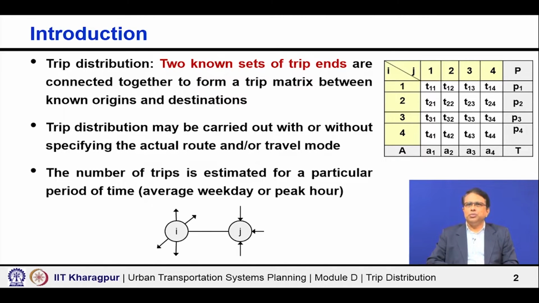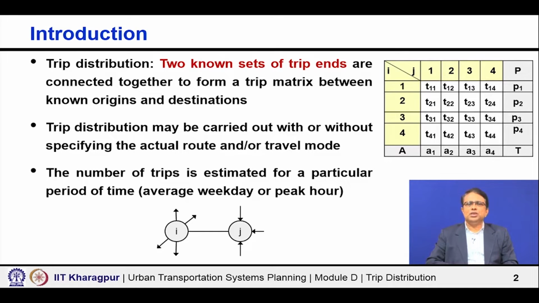What we know from the trip generation stage is the productions and attractions. That means we know the values of P1, P2, P3, P4 and also A1, A2, A3, A4, but these internal cells T11, T12, T13, T14, similarly T21, T22, T23, T24, all these cells we do not know.